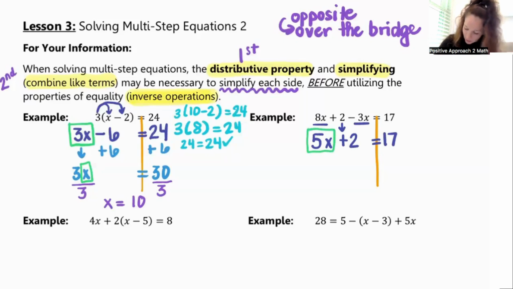I'm going to ask you, and hopefully you can say what's going to happen to yourself or out loud. How will I get that plus 2 over to the other side? I am going to subtract 2. If I do it on the left, I must do it on the right. I draw my arrow down. 17 minus 2 is 15.